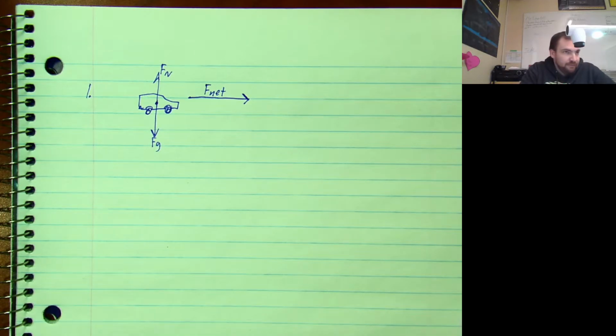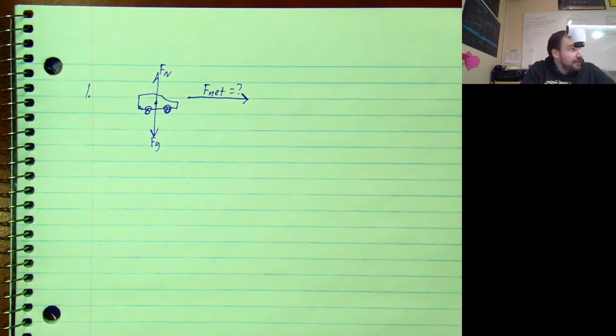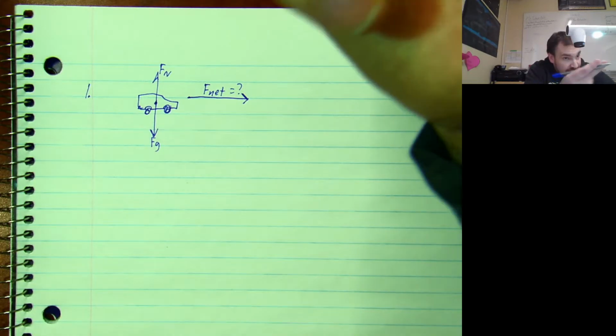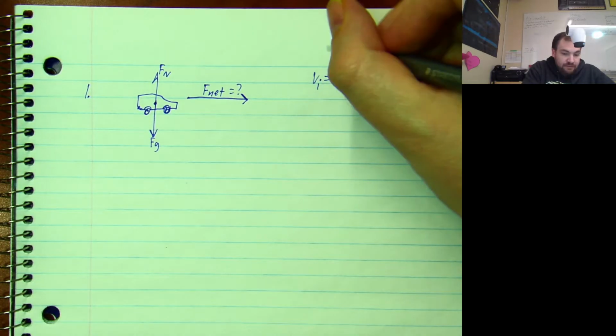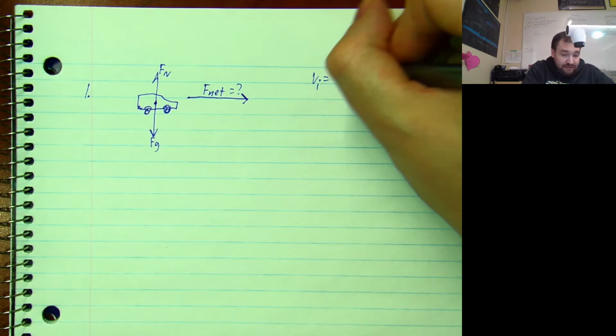What's the car doing? Driving. It's accelerating from rest to 60 kilometers per hour. So that gives us a VI and a VF. VI in this case is going to be 0, because it's at rest.